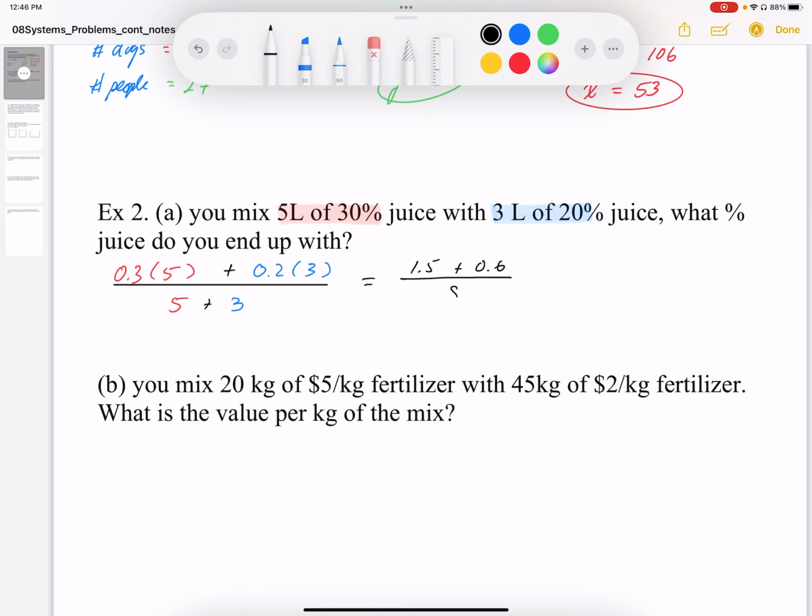That's going to give us 2.1 over 8. When we work out 2.1 divided by 8, that's going to give us 0.2625, so 26.25%.